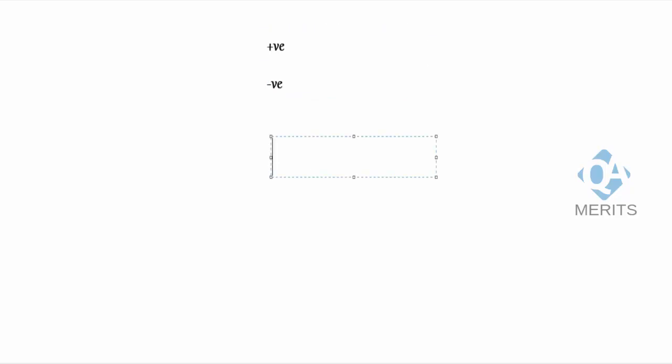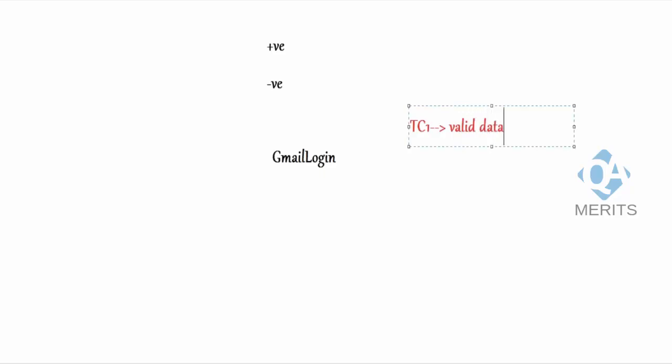We have a scenario like Gmail login. So how many ways can we test the Gmail login? The first test case is Gmail login with valid data, providing the correct username and password.